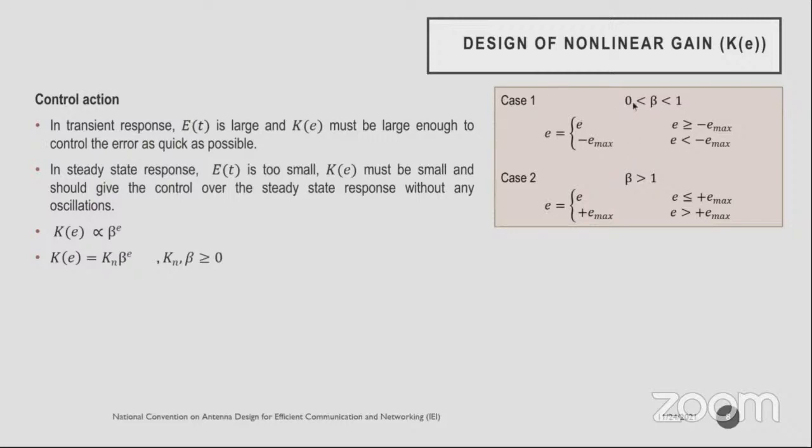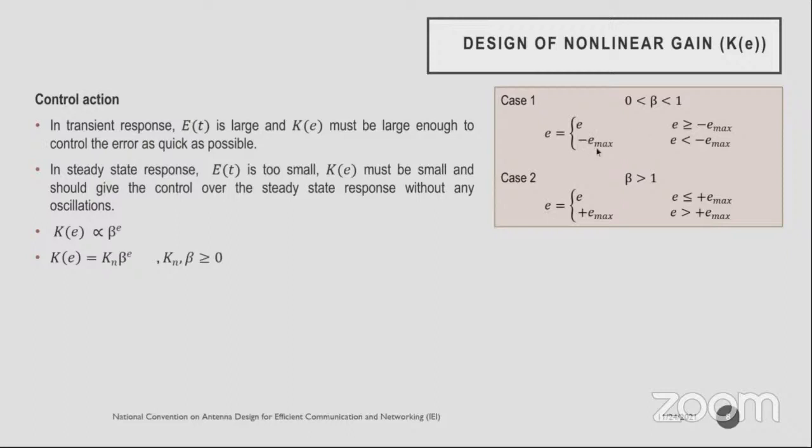If beta is between 0 and 1, when we take the left side of the graph, if the error is greater than or equal to minus Emax, we can take the error as it is. If the error is less than minus Emax, we take the error as minus Emax.